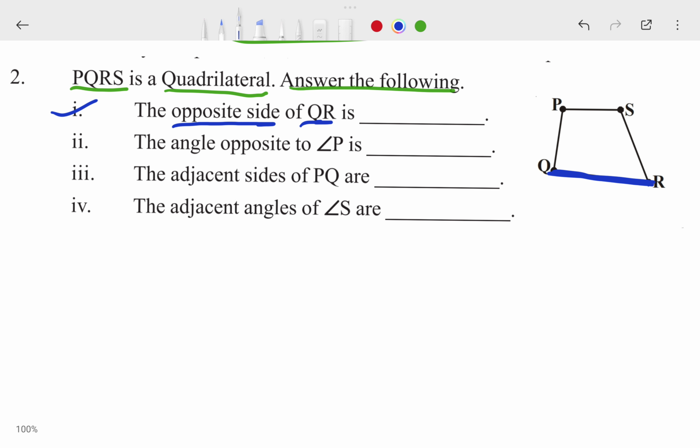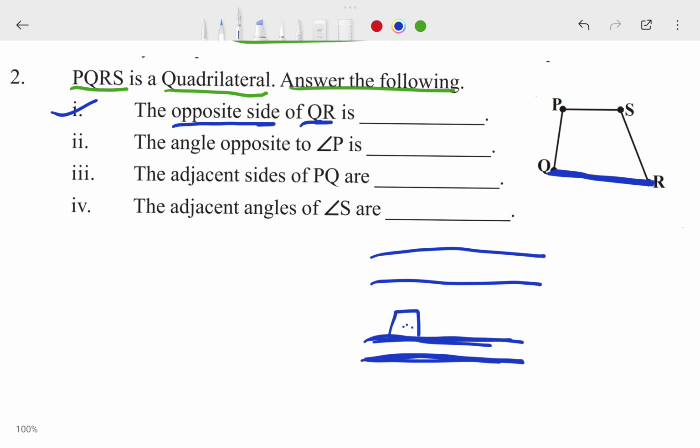If you don't know how to find opposite sides, it is very simple. Let's suppose this is your street, and this is your home. Whatever it is, gully, colony, street, there is an opposite street also, and on this opposite street is your friend's house.